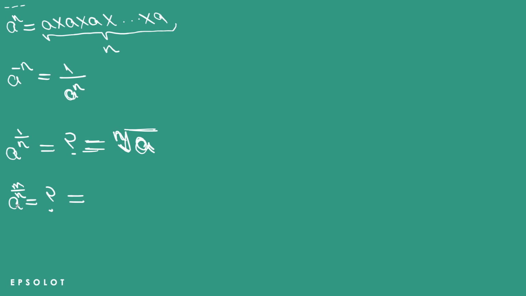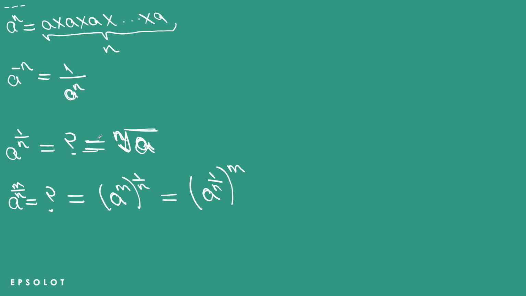So if a is raised to the power of m divided by n, then it is a to the power of m to the power of 1 over n, or a to the power of 1 over n to the power of m. And now, of course, I hope you already know that a to the power of 1 over n is the root that we're talking about right above. So either way, you take the power first or the root, it doesn't matter.